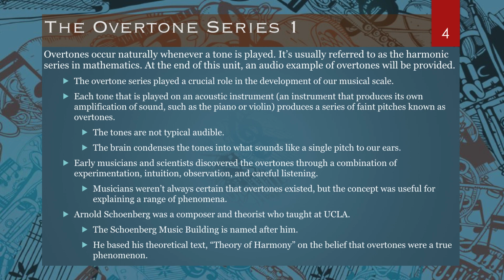And he says even if the Overtone series is determined to be a falsehood, it still serves the purpose of helping us to conceptualize why certain tones move one way or another.